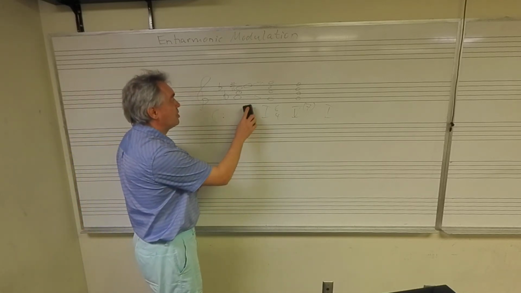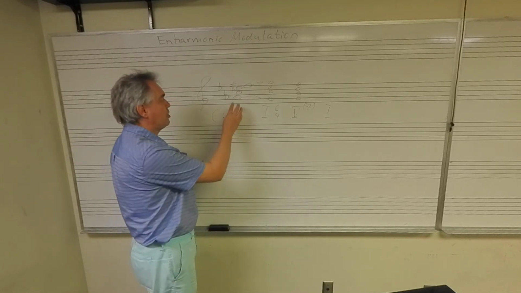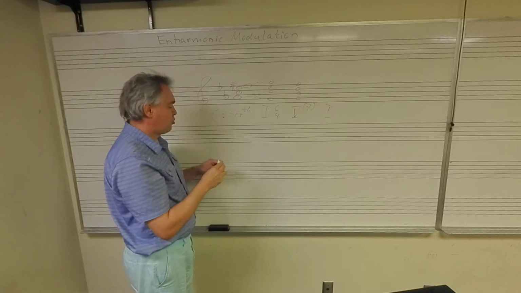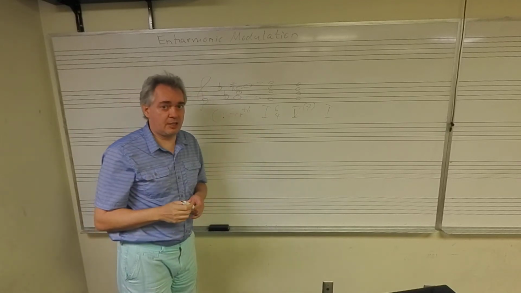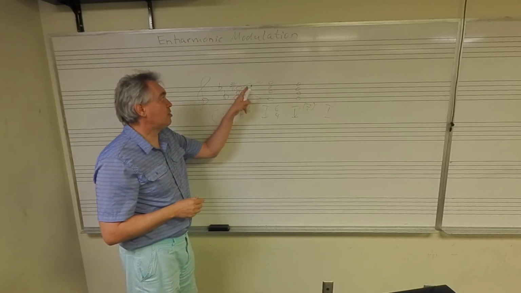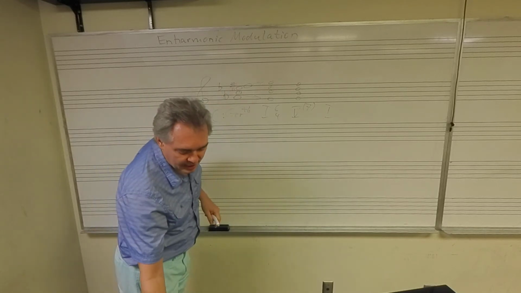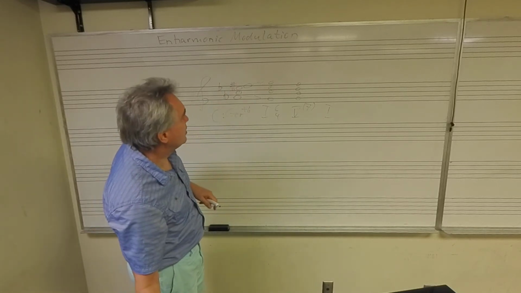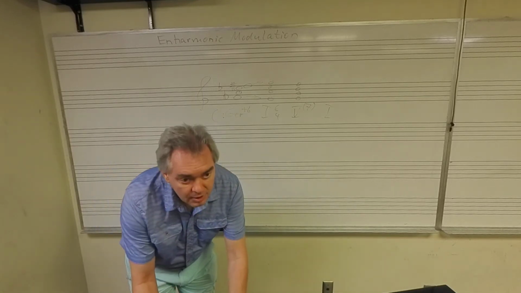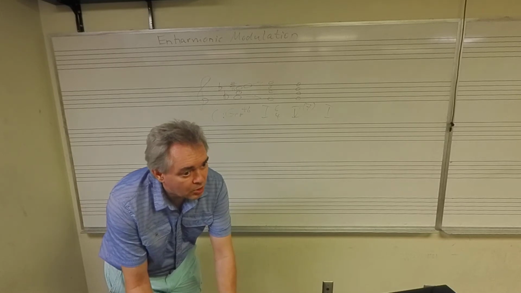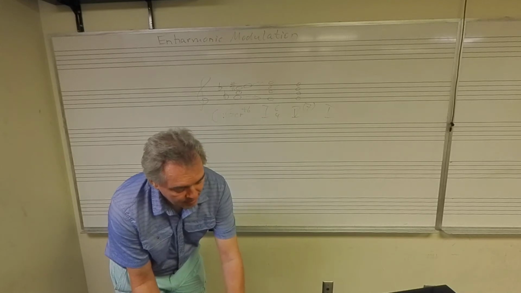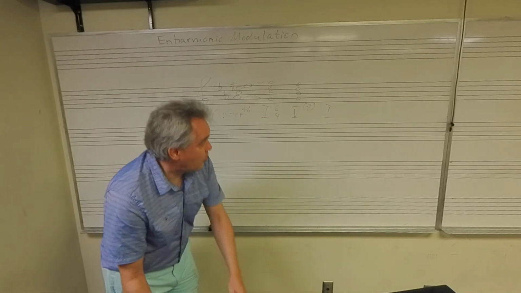But the interesting thing about the German augmented sixth chord is that it really sounds like a major-minor seventh chord, because we can think of the F sharp as a G flat. So in the key of C, this chord, the German augmented sixth chord, goes to the cadential 6-4 chord, 5-7, 1.